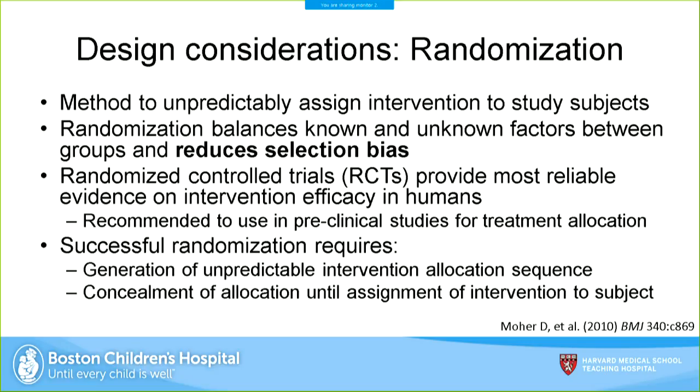And there have been papers talking about reproducible research in preclinical studies where they recommend that randomization techniques can also be applied to mice studies, for example. So a successful randomization really requires two things.